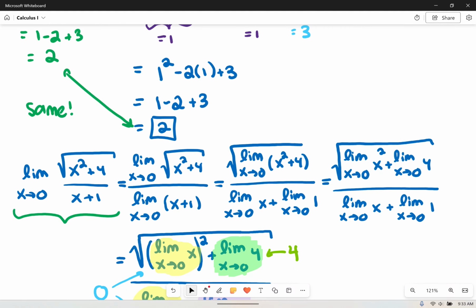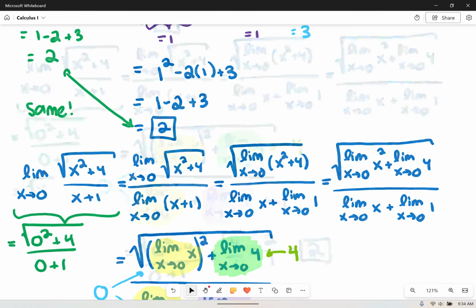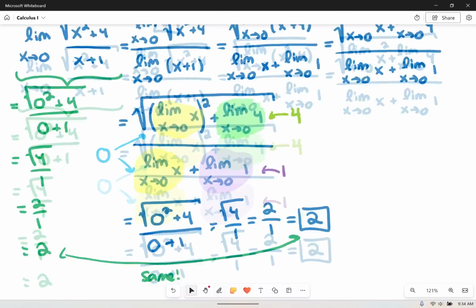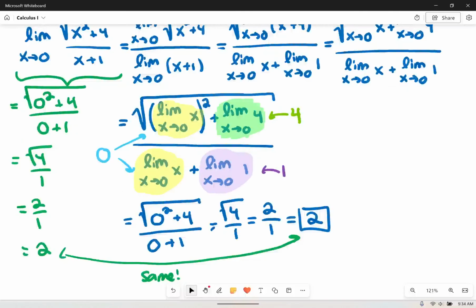And for the second limit, the limit as x approaches 0 of the square root of x squared plus 4 over x plus 1, replacing x with 0 gets us immediately to the square root of 0 squared plus 4 over 0 plus 1, which equals the square root of 4 over 1, which equals 2 over 1, which equals 2. This gives us a very important shortcut for evaluating limits.